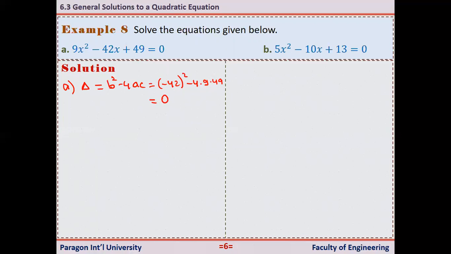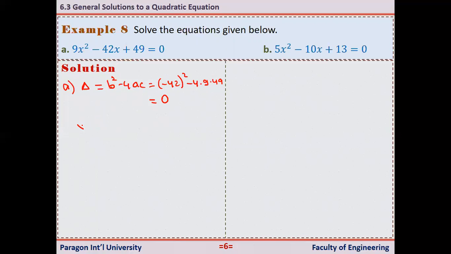Actually, 0 means that it is a perfect square. I can write it as 3x squared, 2 times 3 times 7, and 7 squared. Anyway, using this formula, we get two answers, but they will be equal to each other.